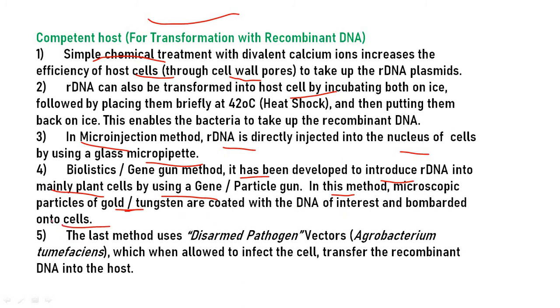And there is another process known as electroporation, which is not mentioned here, but you know that. The last method uses the disarmed pathogen as vectors, or Agrobacterium-mediated, which is a natural way of vector transformation, where, when allowed to infect the cell, the transfer of the recombinant DNA into the host takes place.